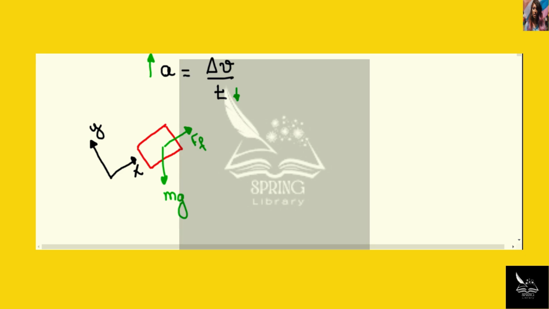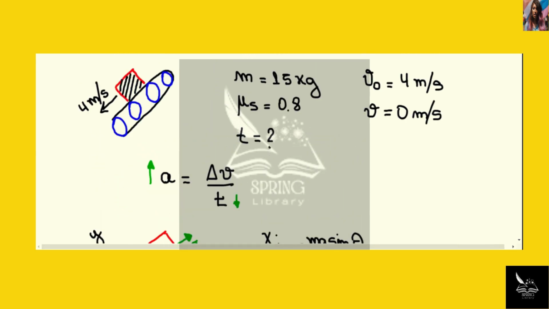The gravitational force in the x direction is equal to minus mg sine theta, where theta is the angle that the conveyor belt makes with the horizontal. So it's this angle here, which according to the exercise is equal to 30 degrees. So let me draw it here. This angle is 30 degrees.